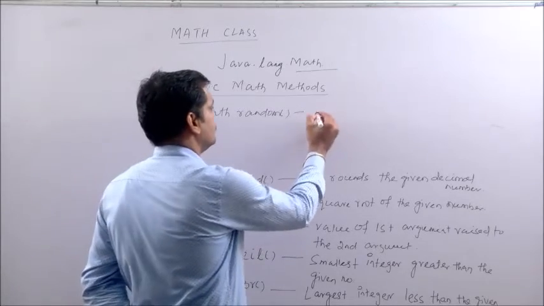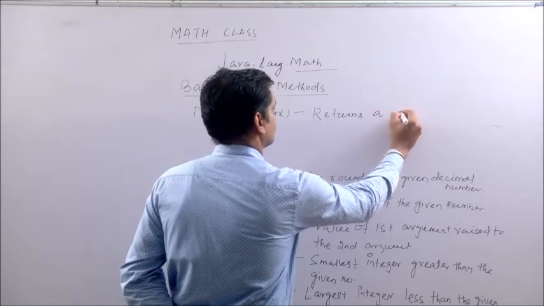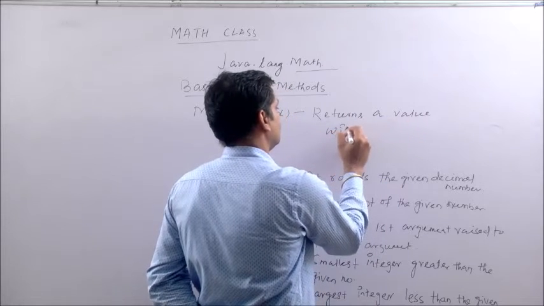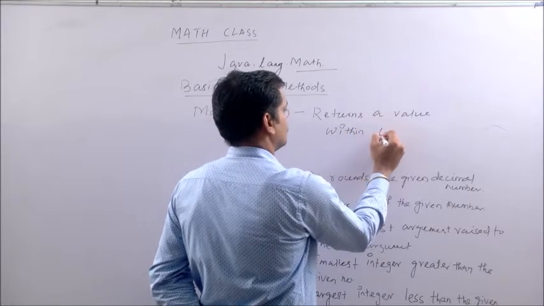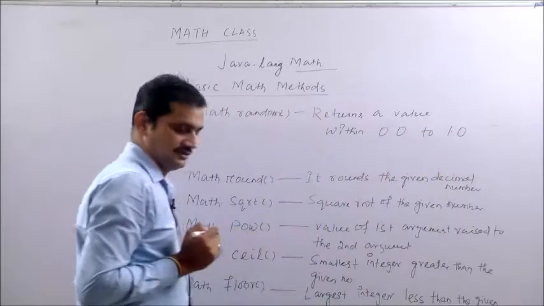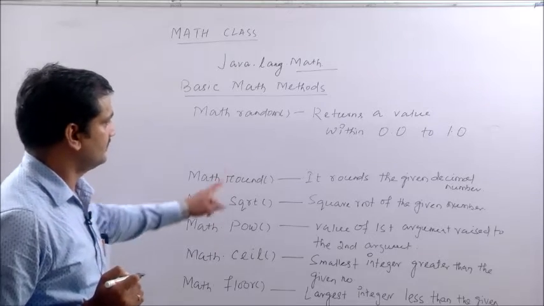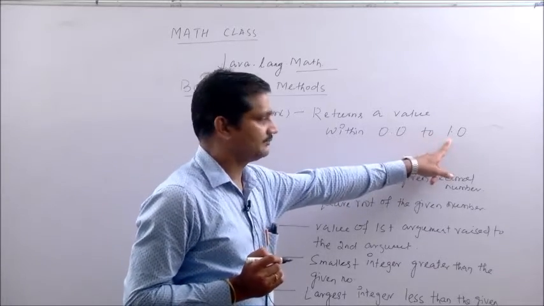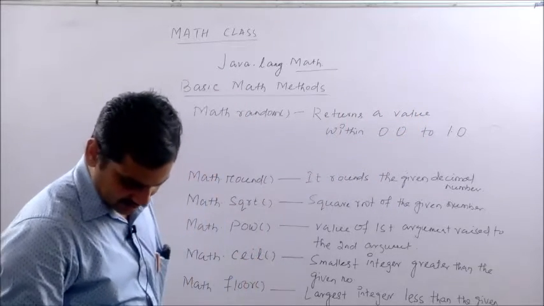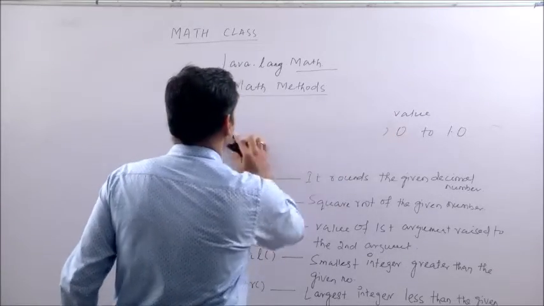It always gives a random double value in the range 0.0 to 1.0. So, this is the method random. These are all basic mathematical methods. Then moving on to the logarithm methods.